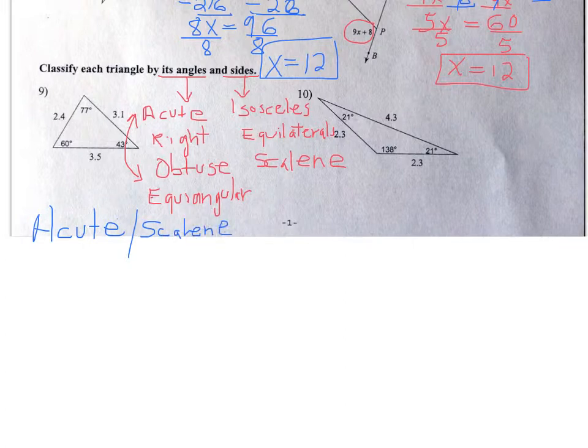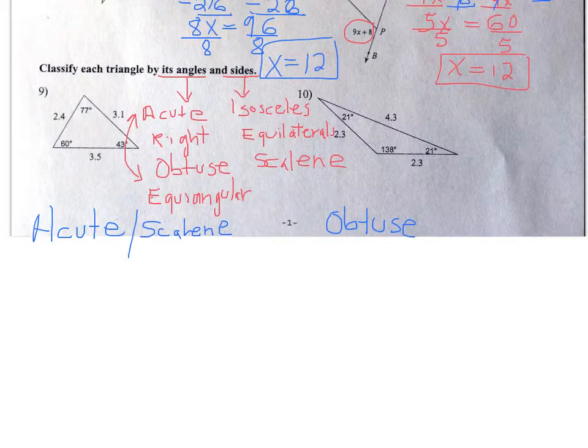Number 10, by the angles. If it's by the angles, look at this. Acute, but the main one here, this one here, is an obtuse angle. So by the angles it would be an obtuse triangle.